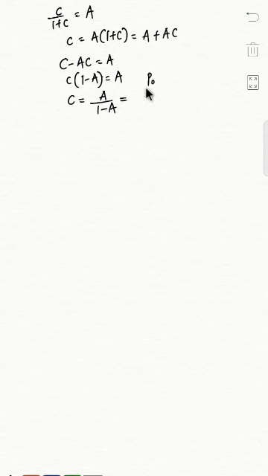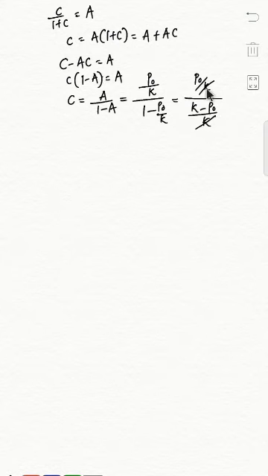So this is equal to, a is nothing but the initial population p naught by carrying capacity k, over 1 minus p naught by k. So what we get is p naught divided by k over k minus p naught by k.